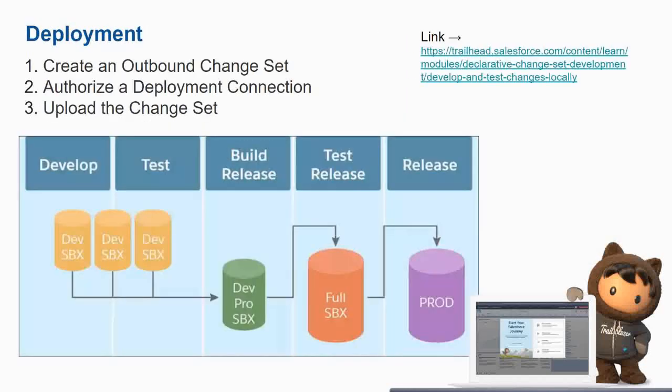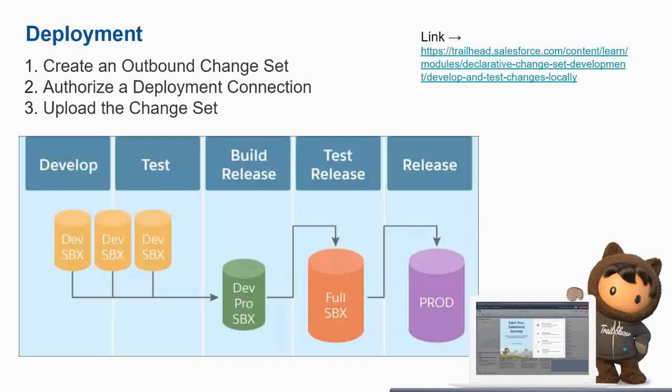So there are these steps to deploy to production. From staging, you will create an outbound change set. You can search for that in the quick find box. You will first create a change set and add all the details of the things you want to move to production. You will save that change set, then go to production and create a connection with the staging first. You will authorize the staging and connect through the deployment connection.